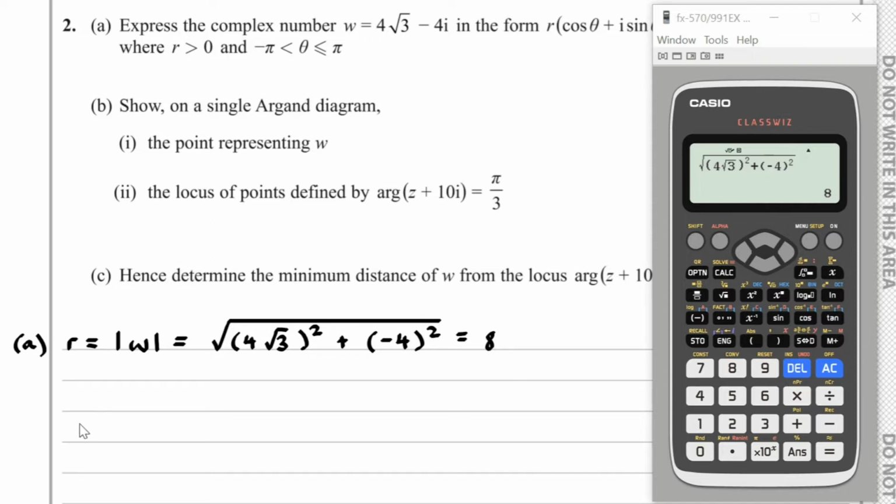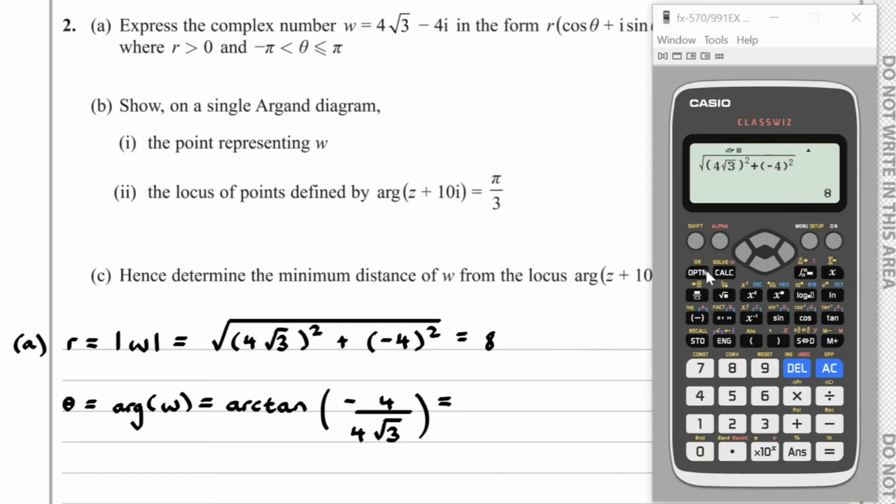We now need to find out what theta is, and theta is equal to the argument of w. So that's equal to the arc tangent of minus 4 divided by 4 root 3.